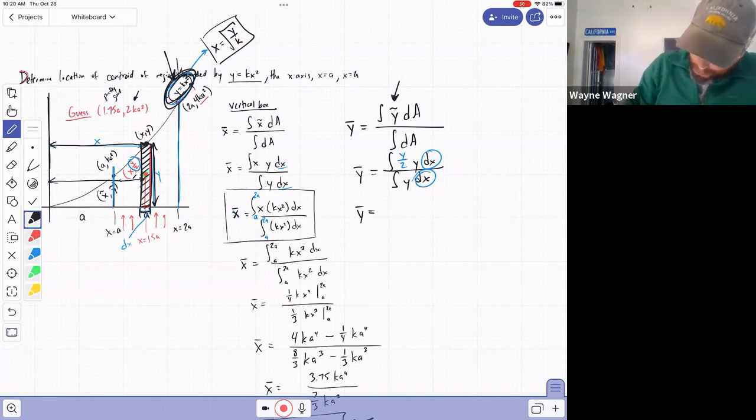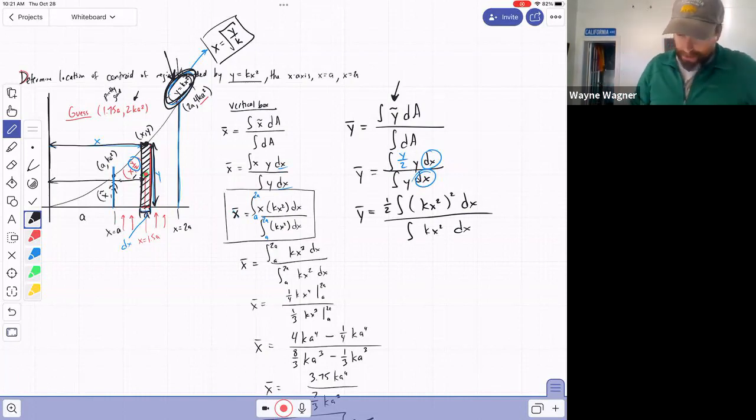So we'll pull this 1/2 out the front because that's just annoying to me. And that's a y squared. But in place of y, I'm going to put kx squared, dx. And I'm going to integrate over here, the integral of kx squared dx.